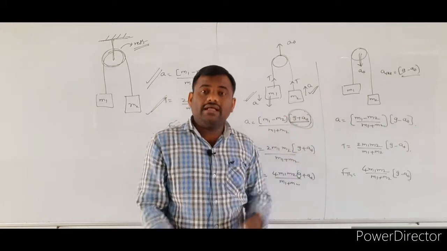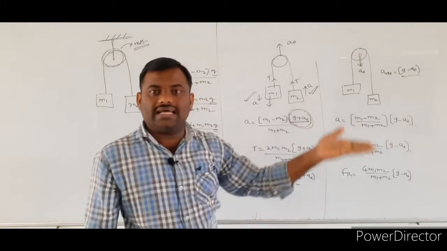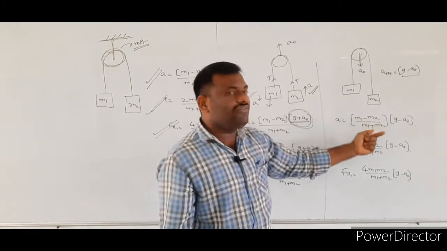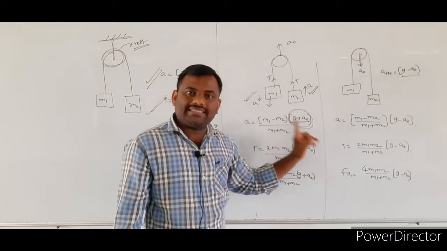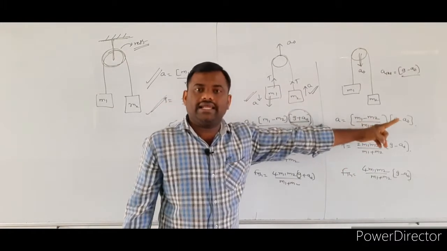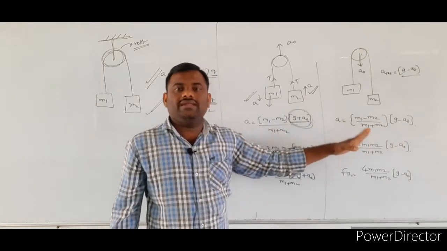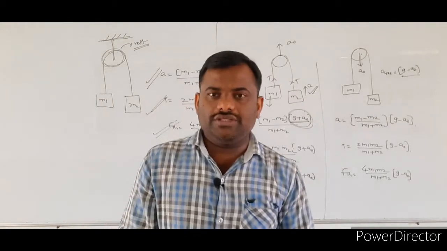So keep in mind, whether it is a pulley block system or a lift, whenever the lift is moving in the upward direction, resultant acceleration is g plus a naught. If the lift is moving in the downward direction, the resultant acceleration is g minus a naught. So these are the applications of the Atwood machine.